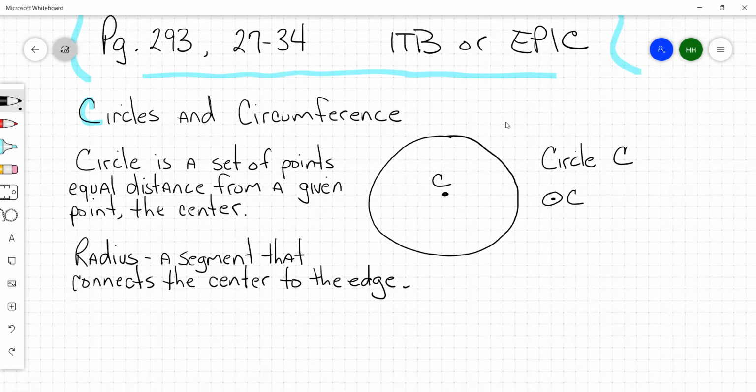All right, so if we take this in here and we go from C down to F, CF is a radius.